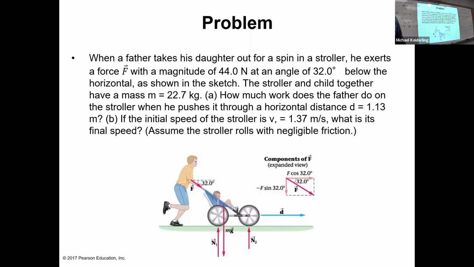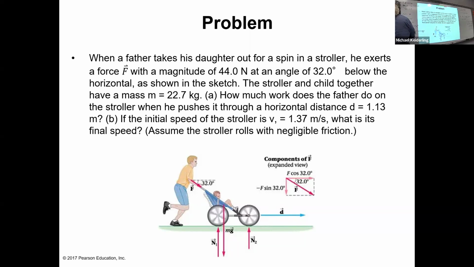Your book solves it by the equation, but this is 42.2 joules plus 1/2 times 22.7 kilograms times 1.37 meters per second squared, which comes out to 63.5 joules.